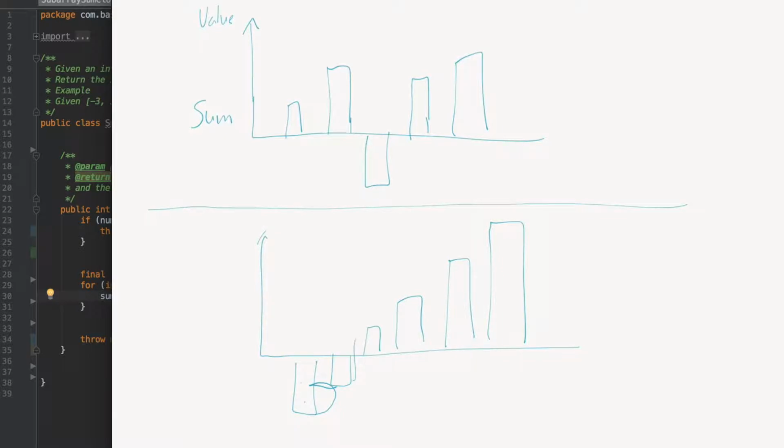So this distance is the subarray between those two sums, and this distance. So we just need to find the smallest differences in the neighboring sums.